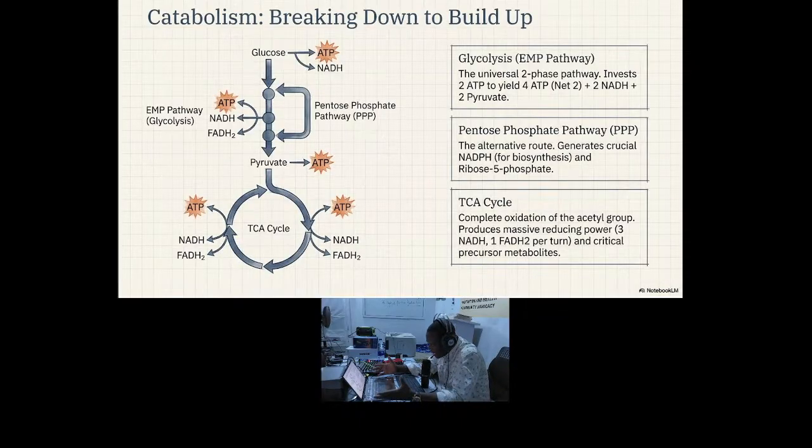An example of catabolism, which I've told you is a breaking down, is glucose down to the Krebs cycle. You will remember that it starts from glucose, then to pyruvic acid, then malonic acid, and so on and so forth.